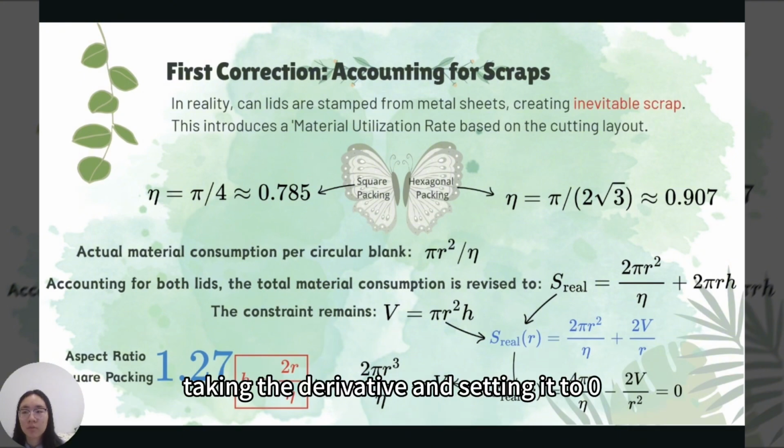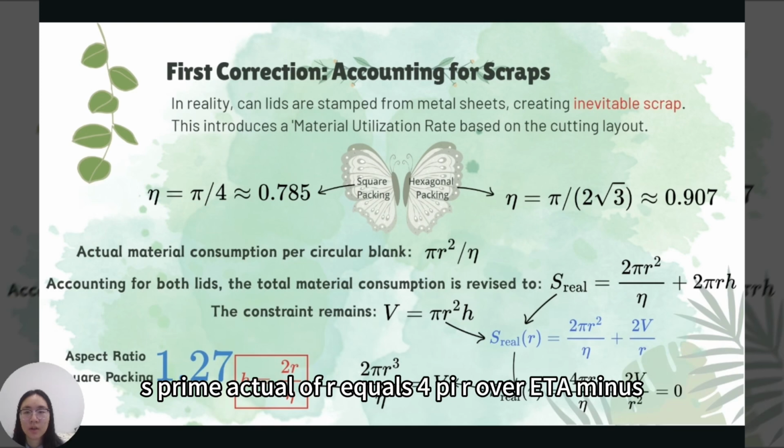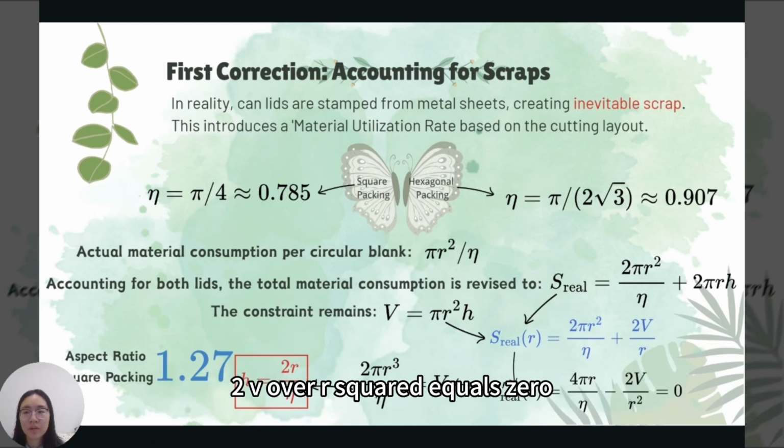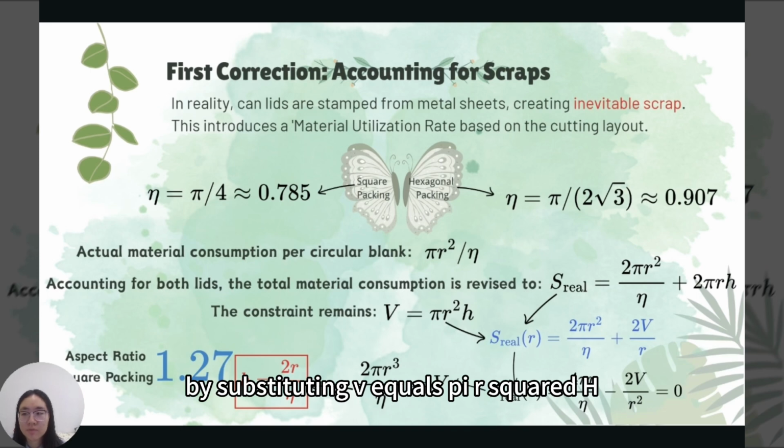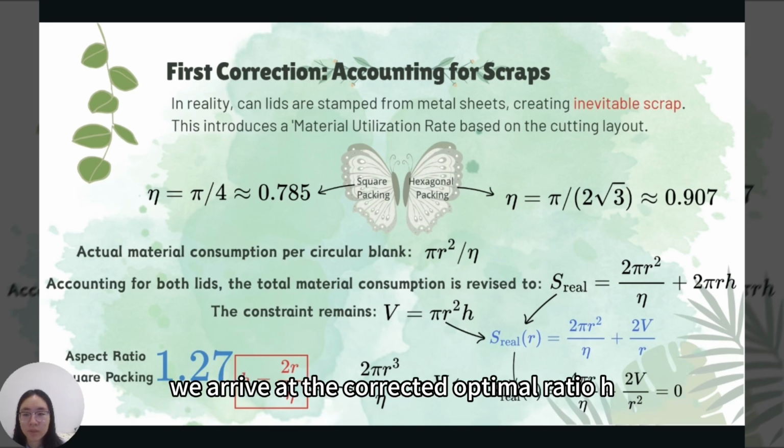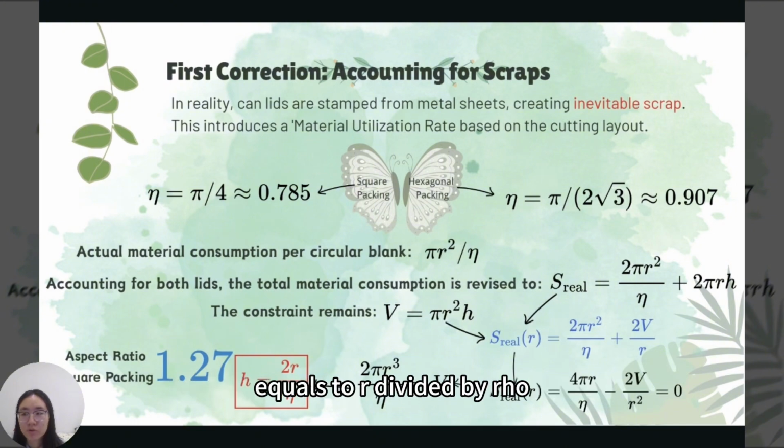Taking the derivative and setting it to 0, S prime actual of r equals 4 pi r over eta minus 2V over r squared equals 0. Solving this gives us 2 pi r cubed over eta equals V. By substituting V equals pi r squared h, we arrive at the corrected optimal ratio, h equals 2r divided by eta.